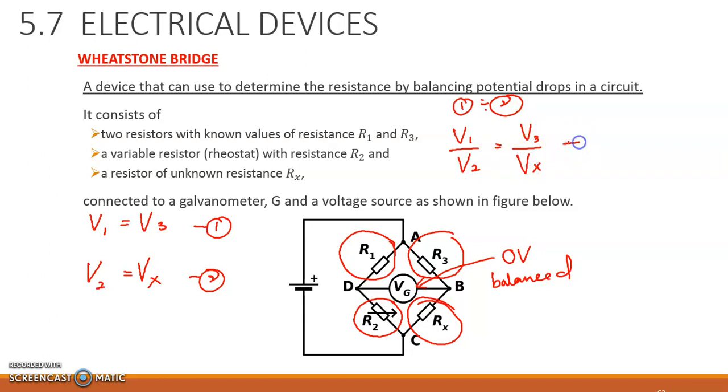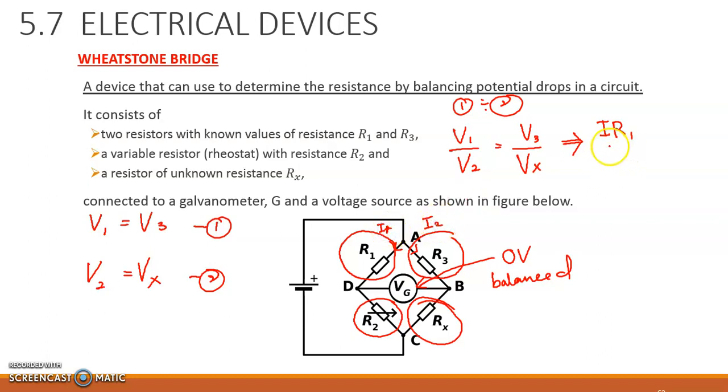According to Ohm's law, V is equal to IR. So we can write it as I R1. Let's say the current that flows here is I1, meanwhile the current that flows here is I2.